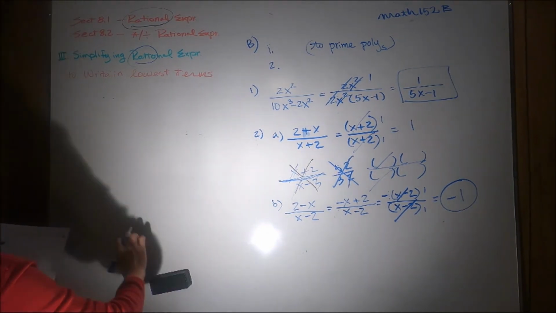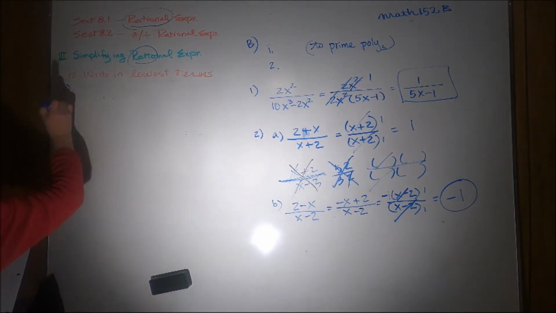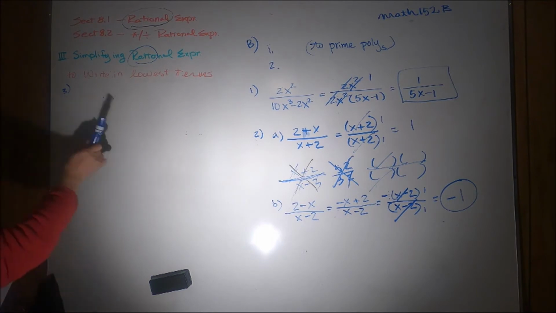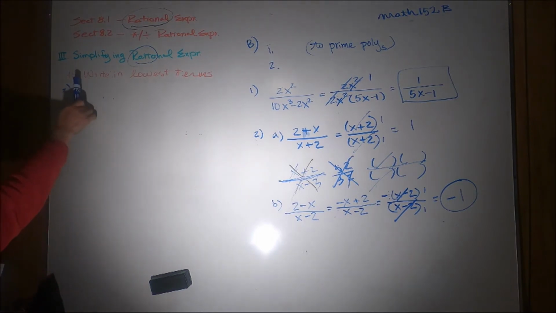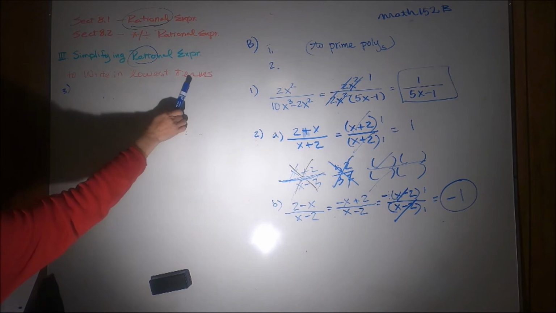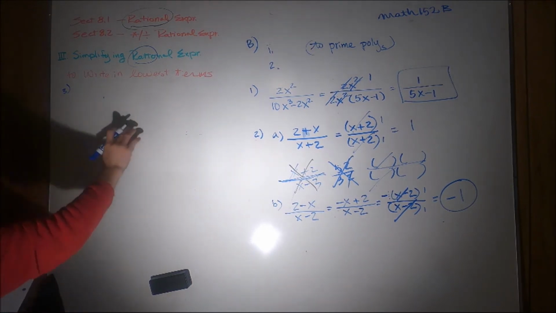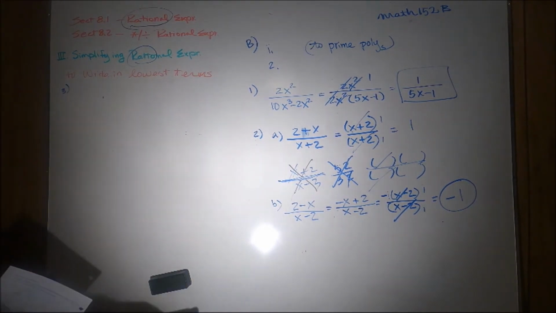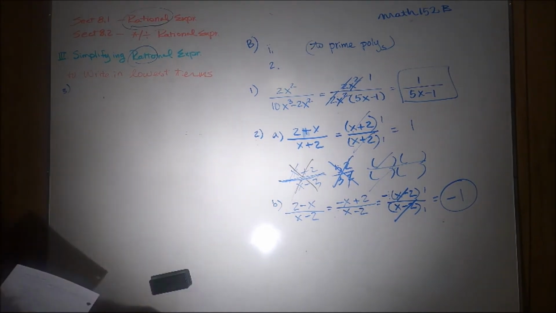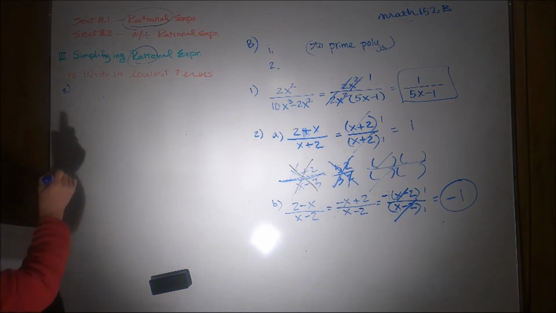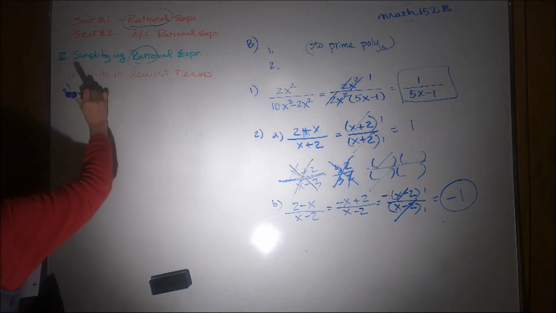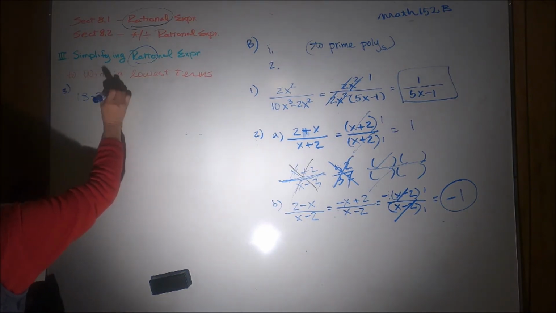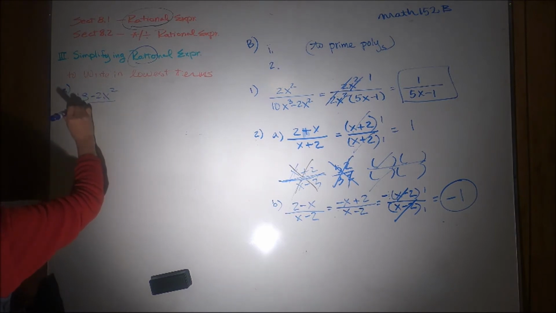Okay, let's look at the next one. To simplify means what? To write in lowest terms. For rational expressions, we factor them, then cross cancel the same things when they are multiplying together.